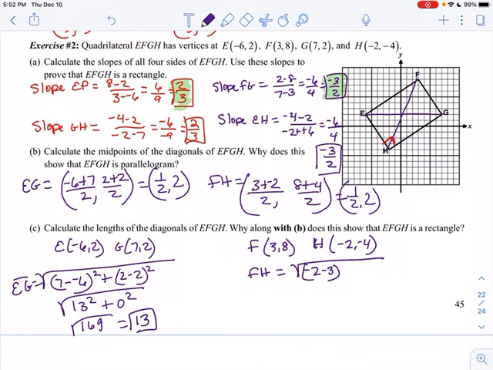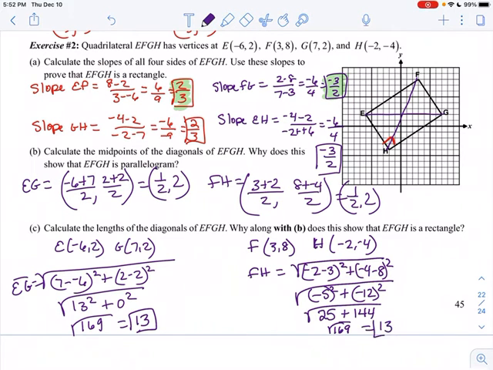Negative 2 minus 3 squared plus negative 4 minus 8 squared. So that's negative 5 squared and negative 12 squared. Negative 5 squared is 25. Negative 12 squared is 144. And 25 and 144 is 169, which is 13.